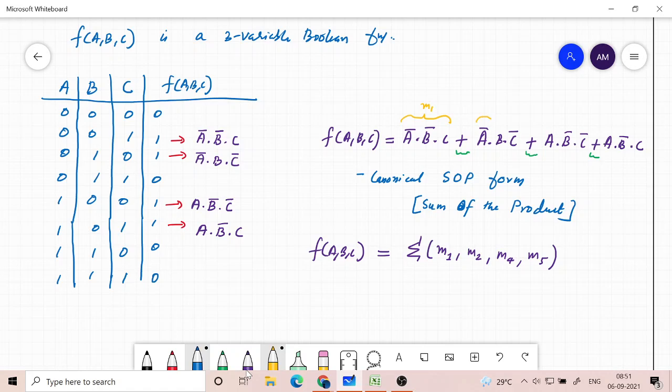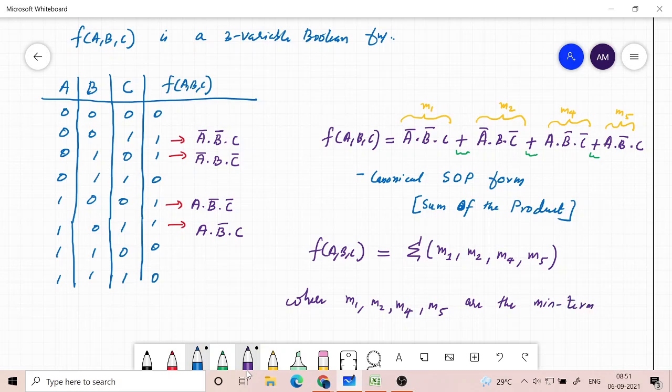How does it become M1? I will tell you now. This is M2, and this is M4, and this is M5. Now, M1, M2, M4 and M5 are the min terms.